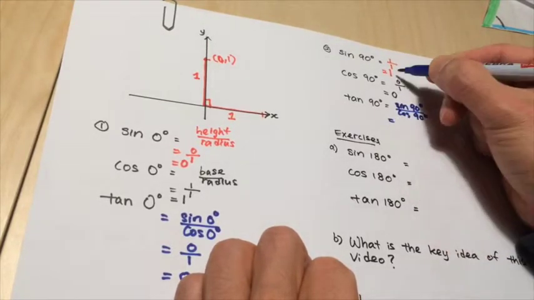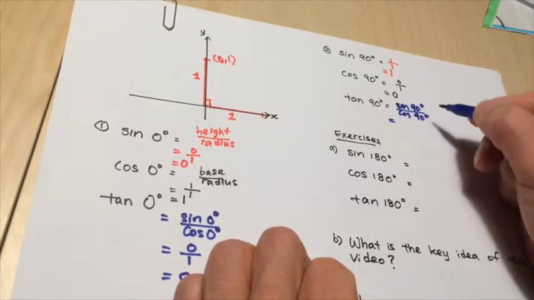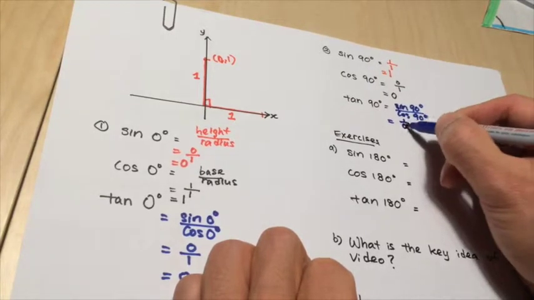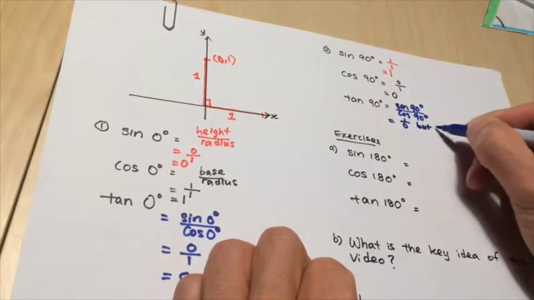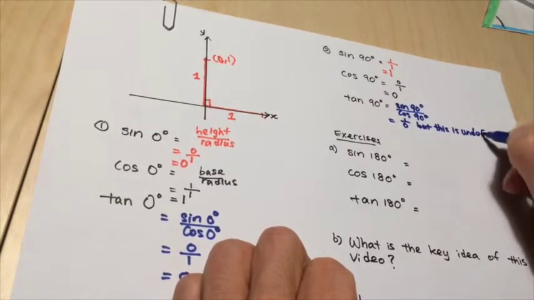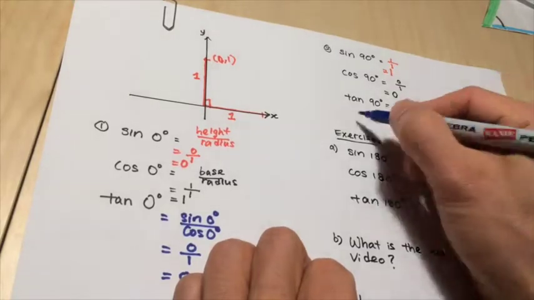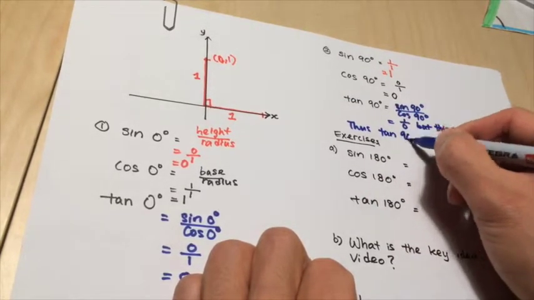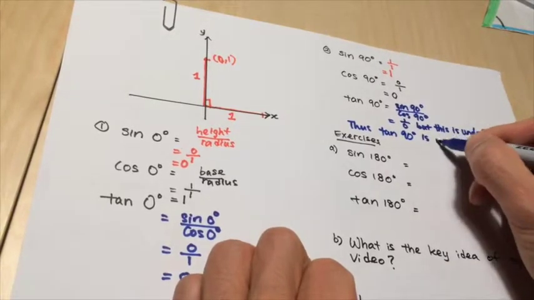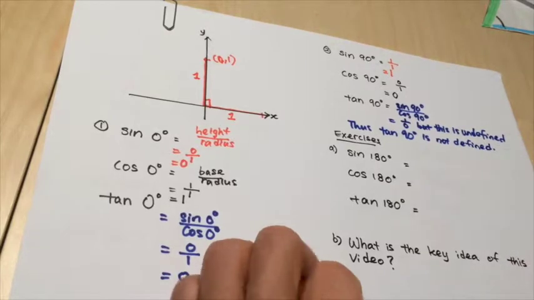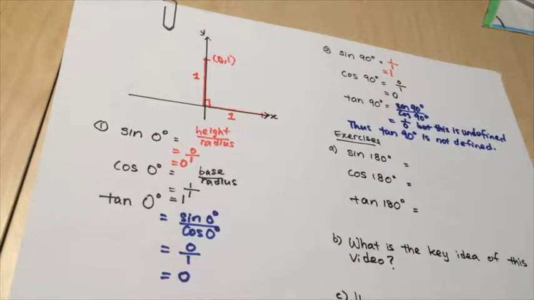That will be 1 over 0. But 1 over 0 is undefined. Therefore, tangent 90 degree is not defined.